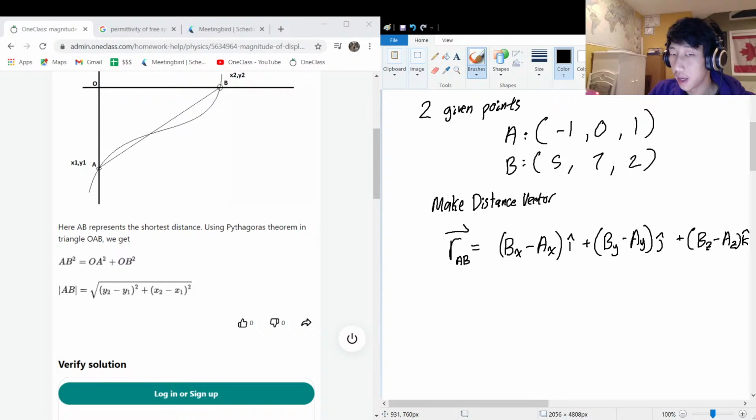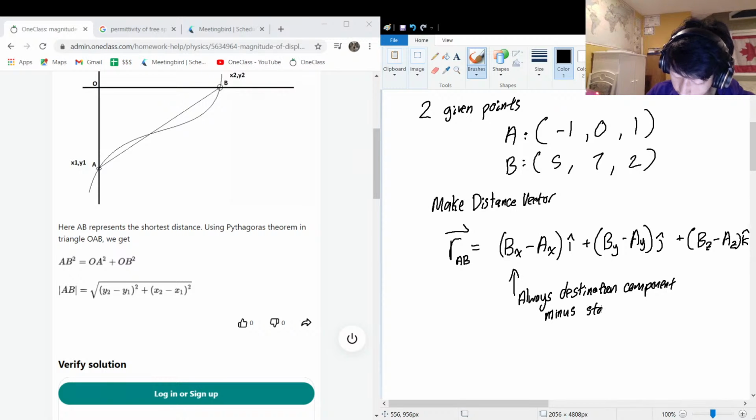Now, it's always going to be destination component minus start point component.